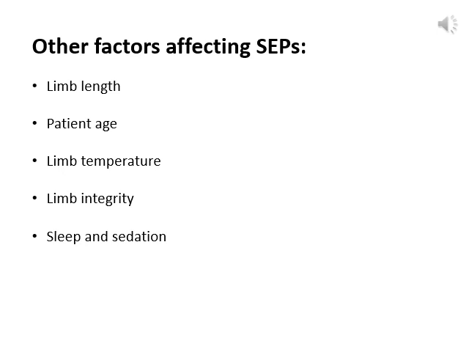The temperature of the patient, as the conduction velocity slows down if the patient is cold or has undergone hypothermic therapy. As well, limb integrity affects the SEP if there is no access to the required stimulation site, and sleep and sedation will affect the SEP, which we will discuss in the next slide.